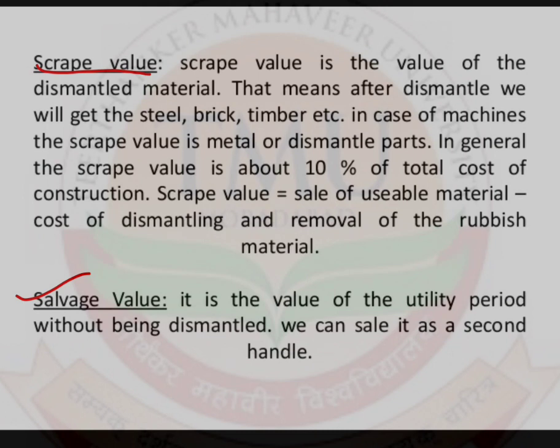The cost may not be good, but it can be sold. So that value will be known as the salvage value. So any machinery or any structure which is at the end of the utility period, the value that it fetches is known as the salvage value.